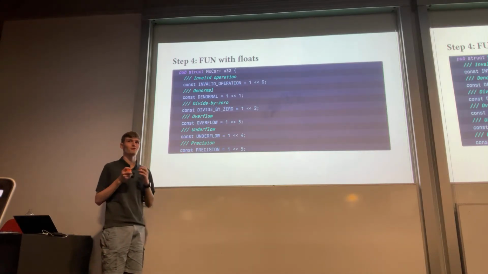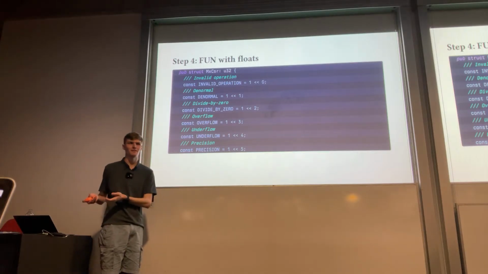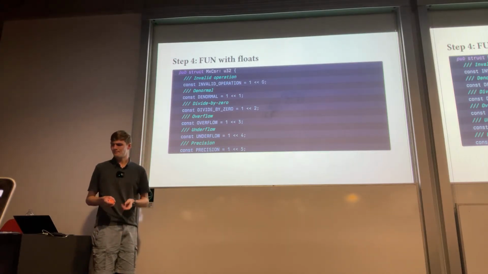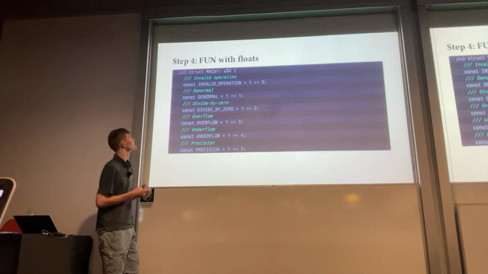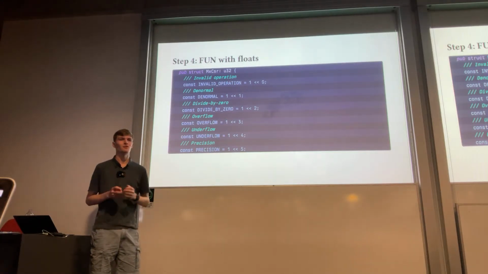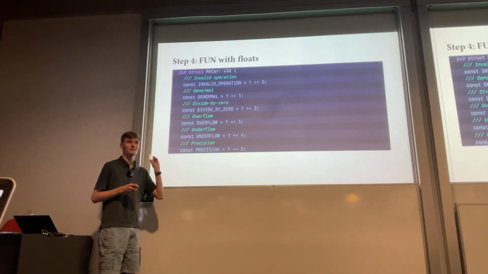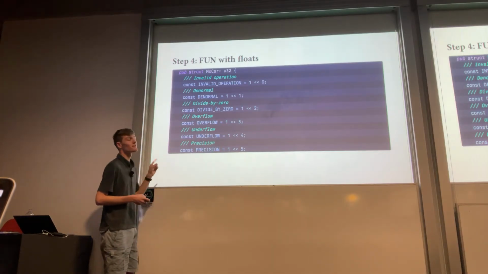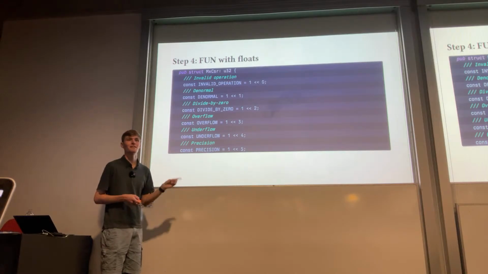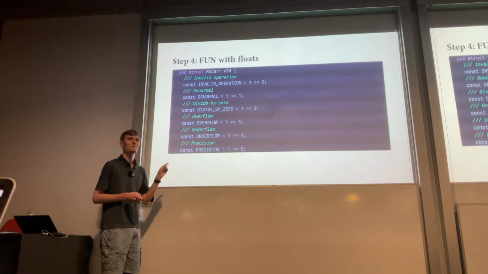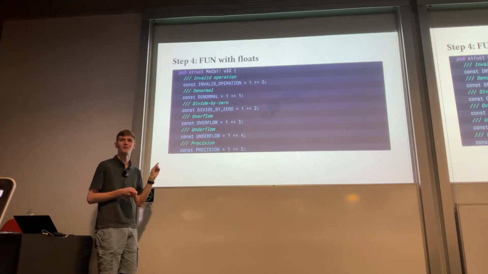So we have to extract that from our floating point unit somehow. In this case, on x86, this stuff is stored in a special control and status register called the MXCSR. This is not documentation about the MXCSR. This is a random Rust crate that I found because it was the closest thing I had to documentation on this thing.